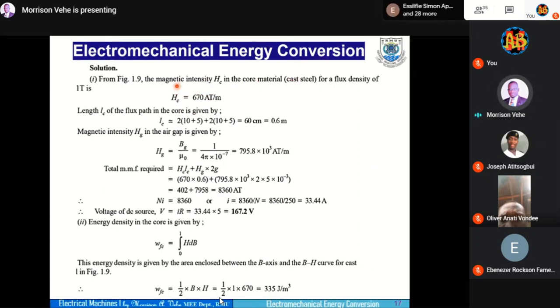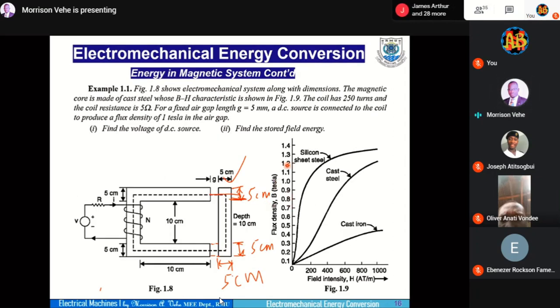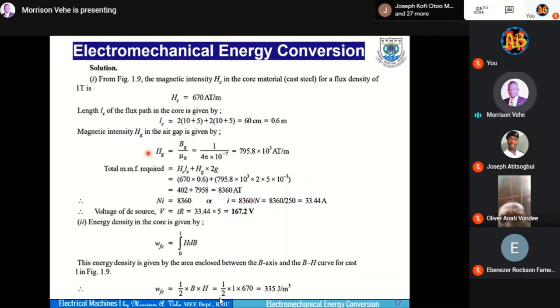The magnetic intensity for the casting, that is HC, in the core material for a flux density of 1 Tesla is found to be 670. Basically, if you trace it, you'll be getting somewhere around 670 approximately. That is ampere-turns per meter.